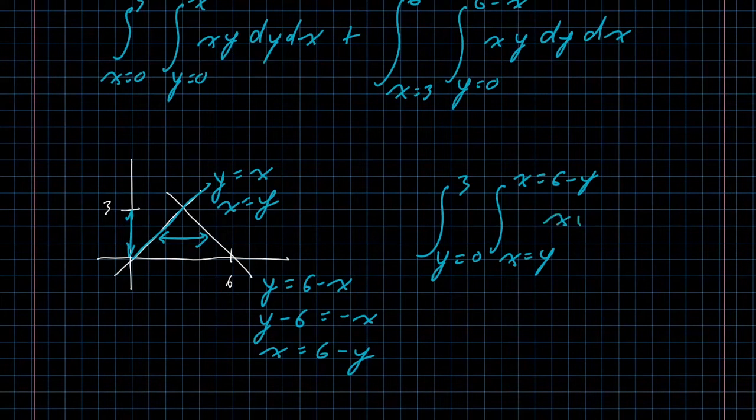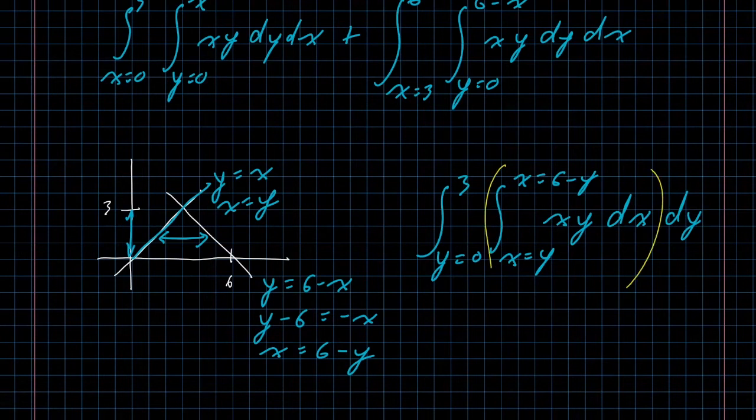My function is still xy, but now I'm integrating with respect to x first, then with respect to y. For this particular example, I'm not going to claim that this direction is easier or harder. I think it's a little bit easier, but you have to think about the algebra. I'll show you another example in the very near future where that distinction is going to make a lot more of a difference. But let's go through this one just to make sure that we have it.